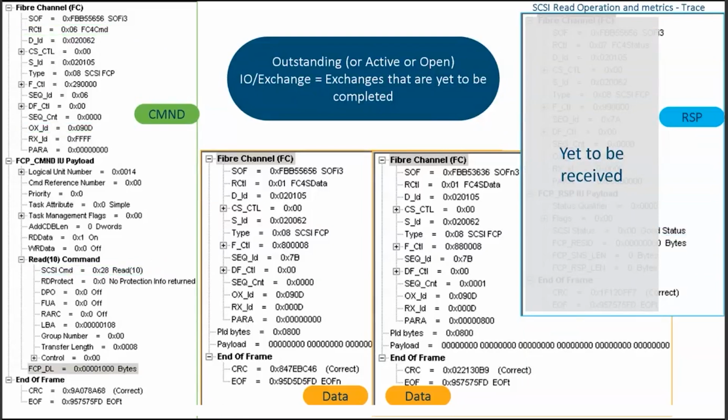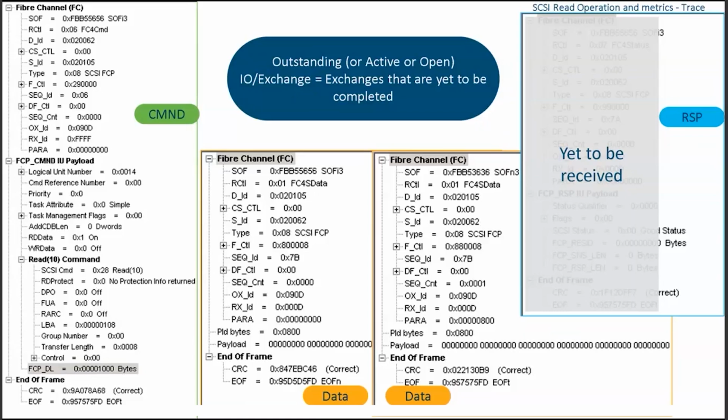When the command frame is observed but we haven't observed the data frame, or at least not the response frame, or maybe data frames are observed but the response has not been observed, then the exchange is still open.